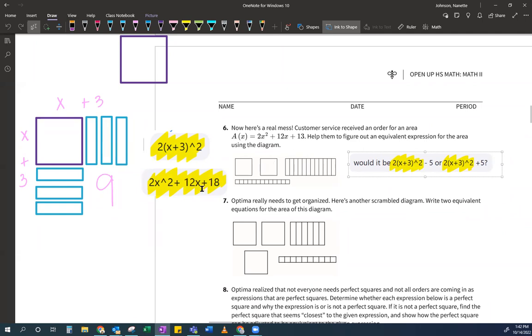If I'm going from here to here, what would I have to do in order to get it to be 13? Would I add 5 or would I subtract 5? Yeah, I would subtract 5.